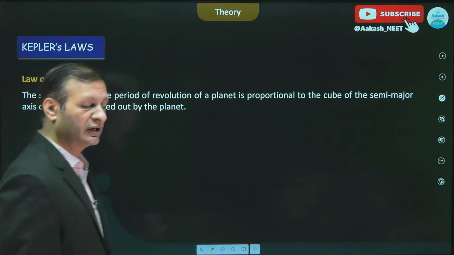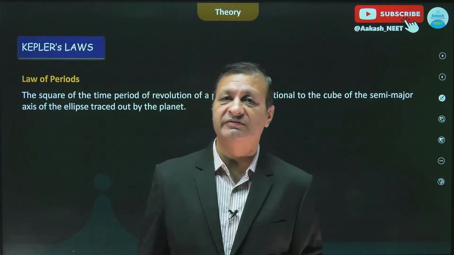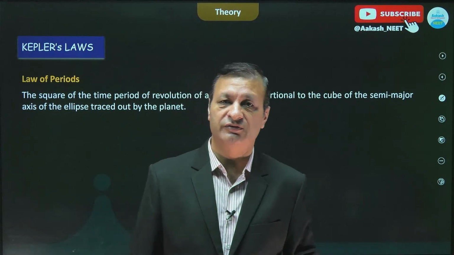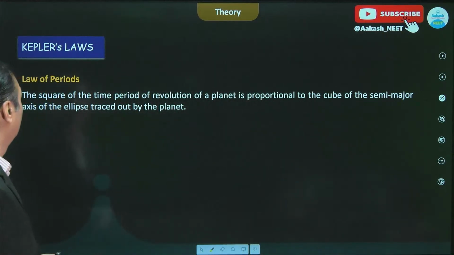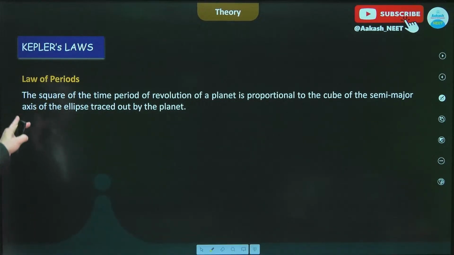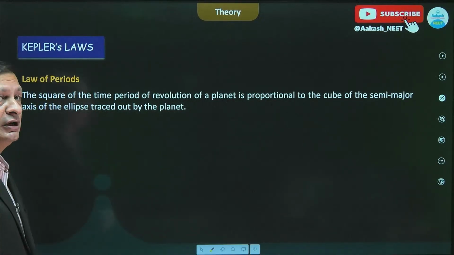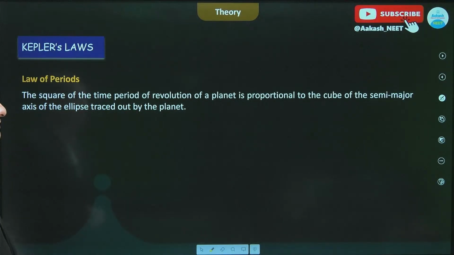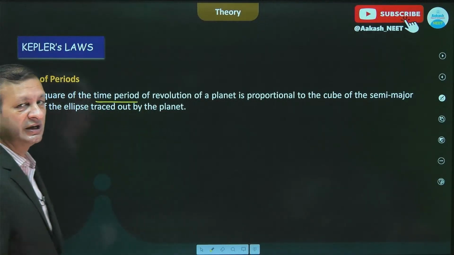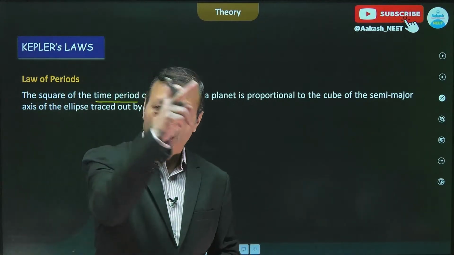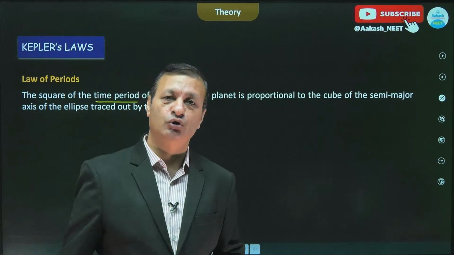Now, the third law. Third law is again very important law, and this is all about your law of periods. So law of periods says the square of the time period of revolution of a planet is proportional to the cube of the semi-major axis of the ellipse traced out by the planet. So it says time period, the time taken by the planet to complete one revolution around sun.